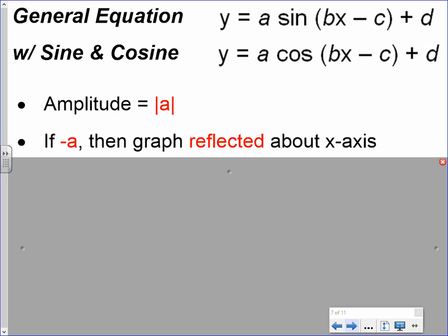If B is not 1, oh, whoops, I forgot that I had this written up here. If you need to write this down, go for it.